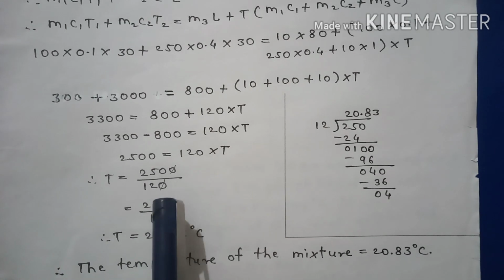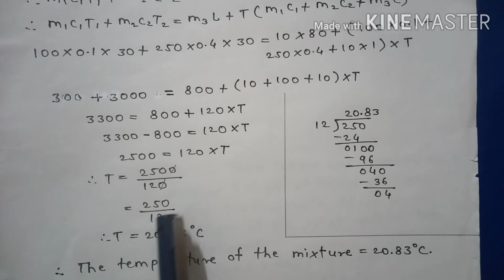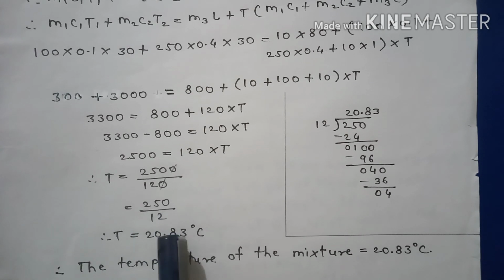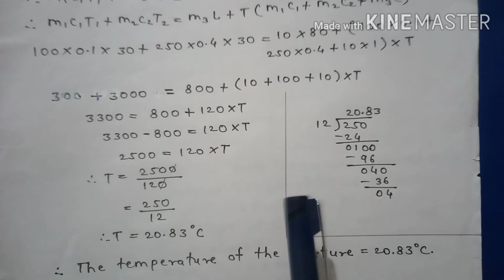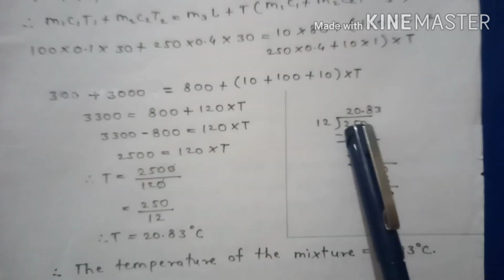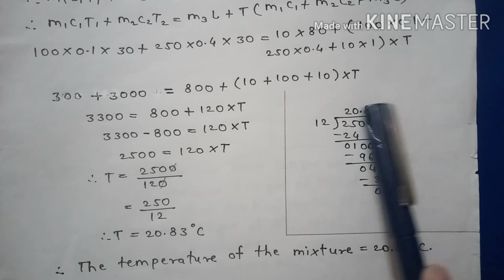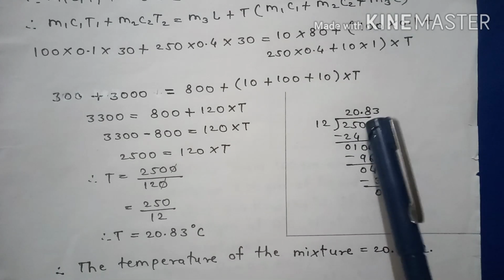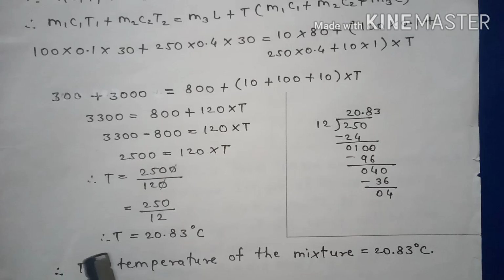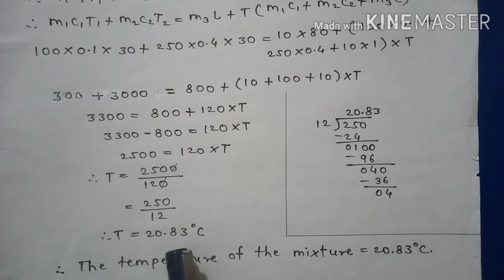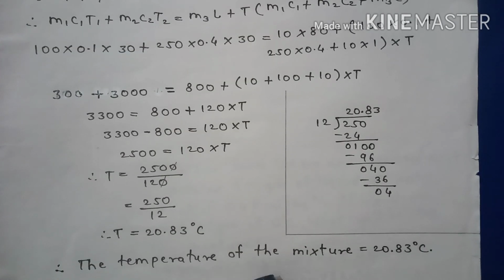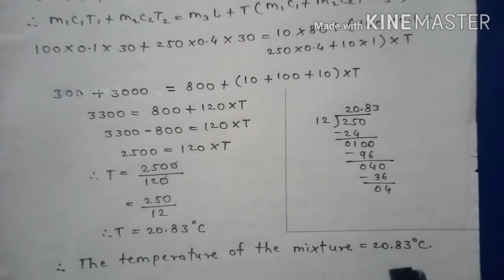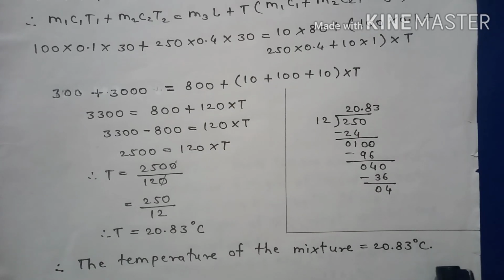So here we will cut 0 0, then it will be 250 upon 12. This division we are going to do in the working column. So 250 divided by 12 is coming 20.83. Therefore T is equal to 20.83 degree Celsius, and therefore the temperature of the mixture will be 20.83 degree Celsius.